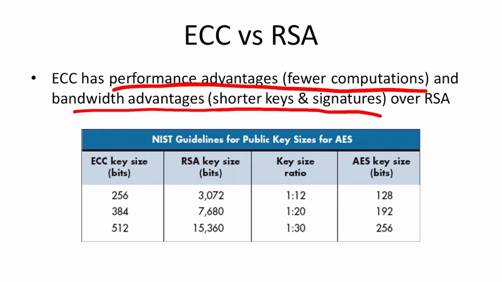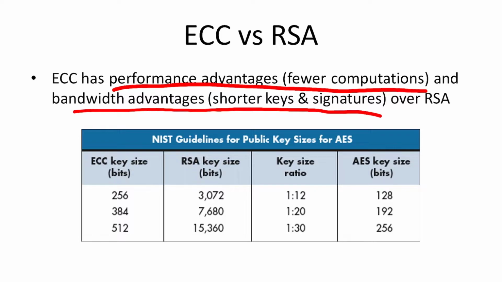This allows small mobile devices such as IoT devices to perform complex computations and also to store keys in the small amount of storage space that they have. And the reason why we can use smaller keys in elliptic curve cryptography is because the trapdoor function in elliptic curve cryptography is stronger than the one used in RSA.